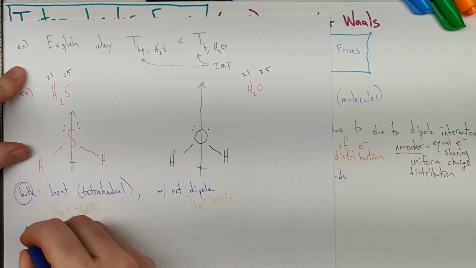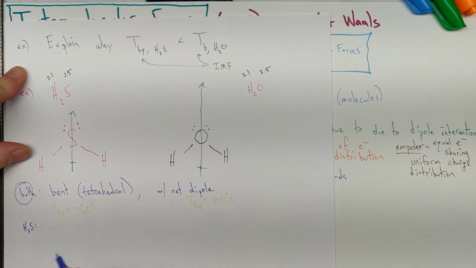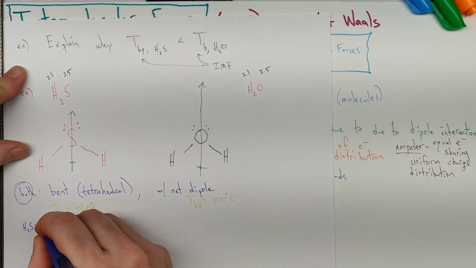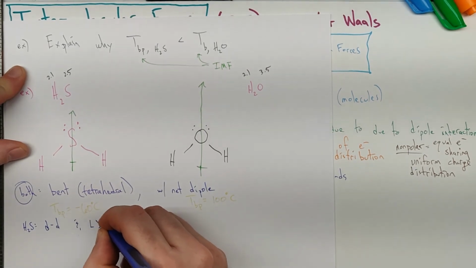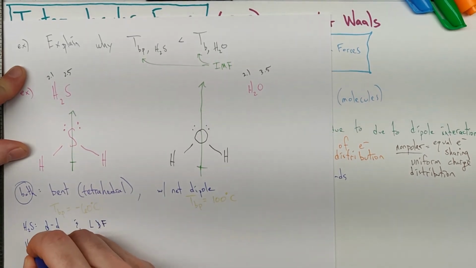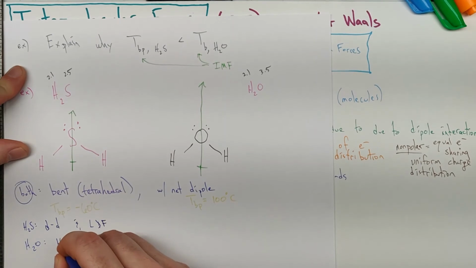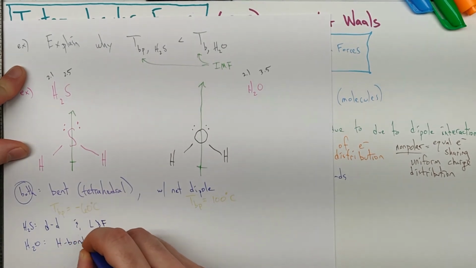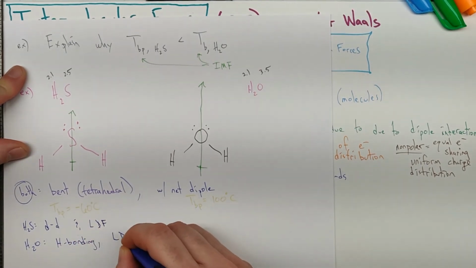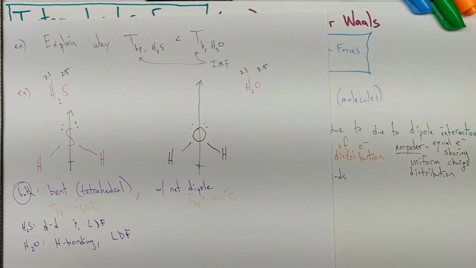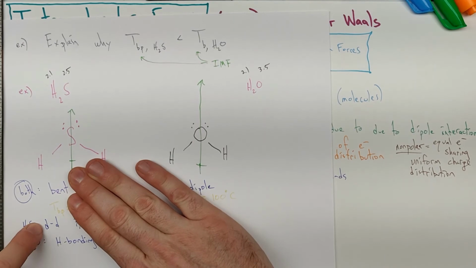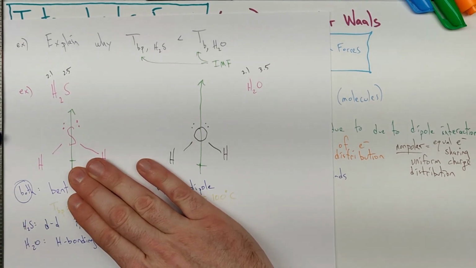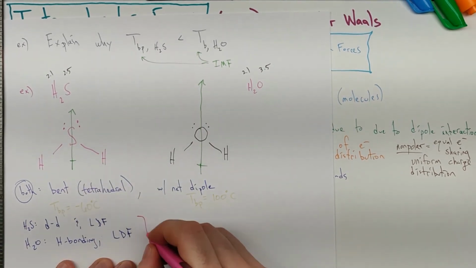The H2S has dipole forces and London dispersion forces, whereas the H2O has hydrogen bonding and London dispersion forces. All right, we're not worried about the London dispersion forces if we have those other things. Hydrogen bonding is stronger than dipole-dipole, and that's what our explanation will be.